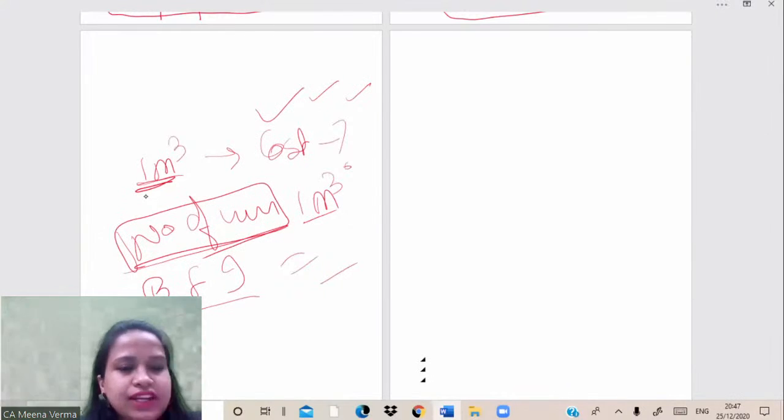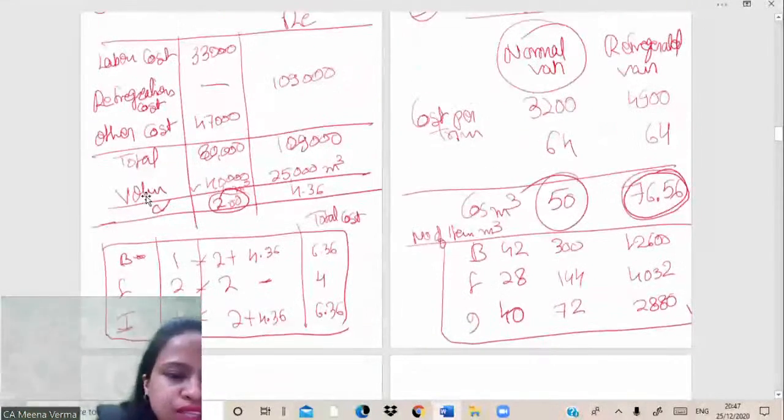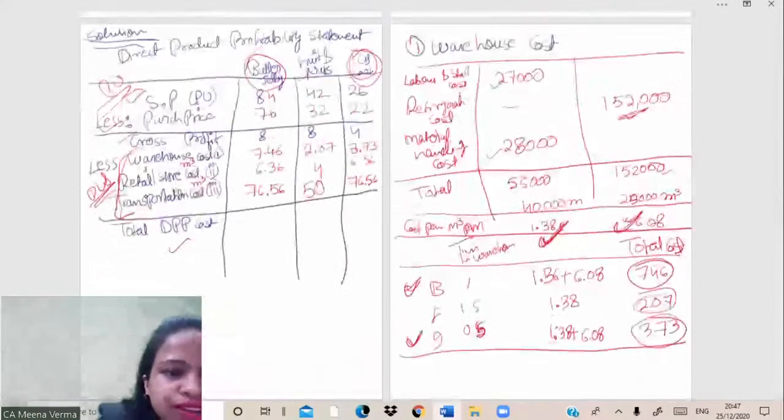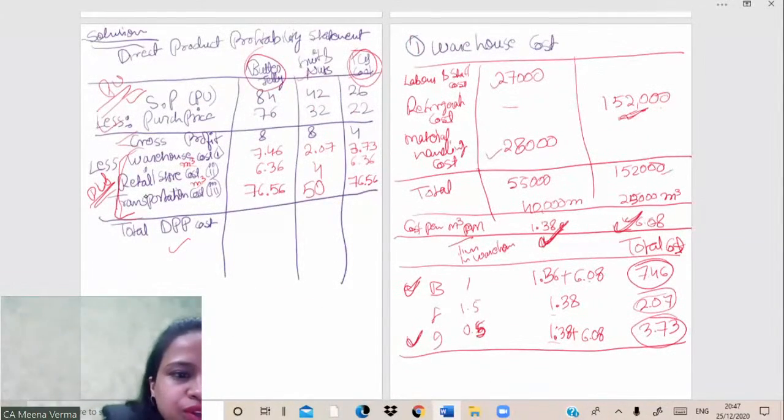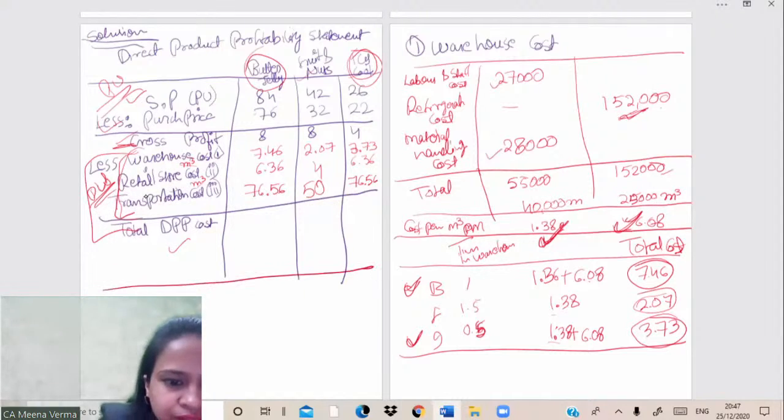Accordingly find the cost per unit, because once you find this cost per unit, then only you can subtract it from the gross profit margin to find the direct product profitability per unit.